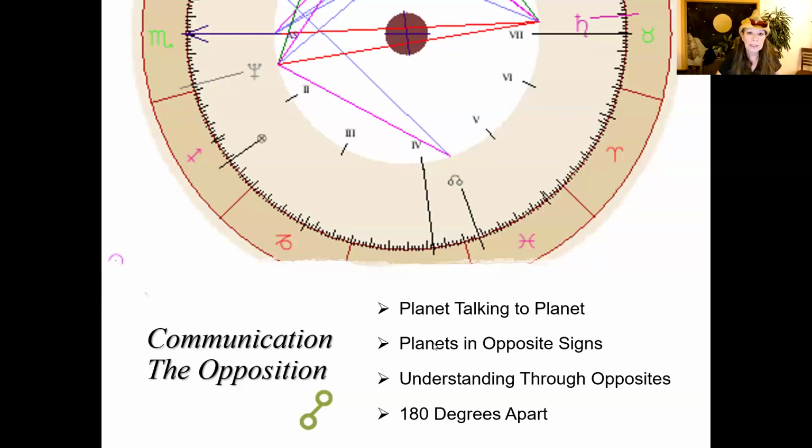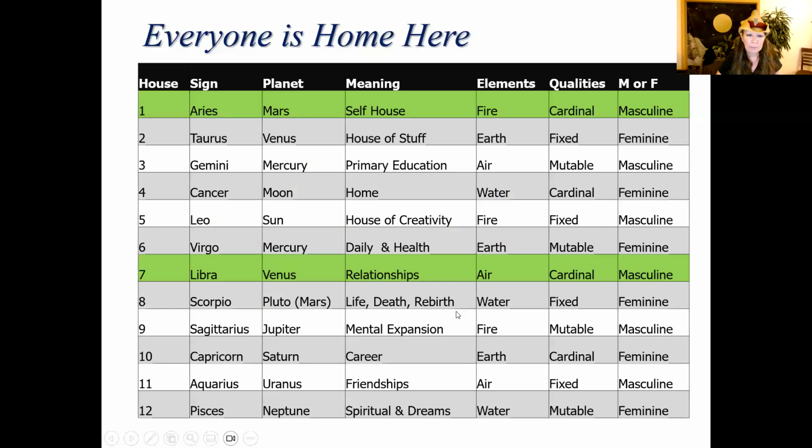So it's always considering the other end of the spectrum when you are looking at an opposition. If you have an opposition, you are really balancing those two different opposite signs out. And it's really healthy, but it's not always easy because they have to take time.